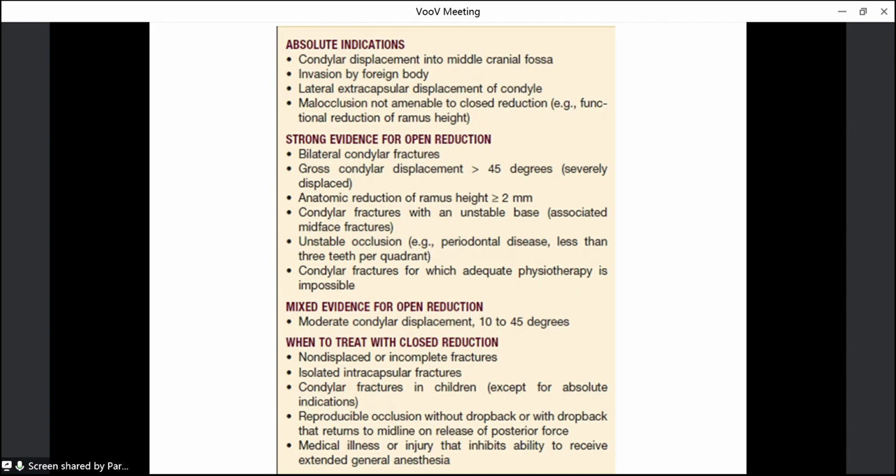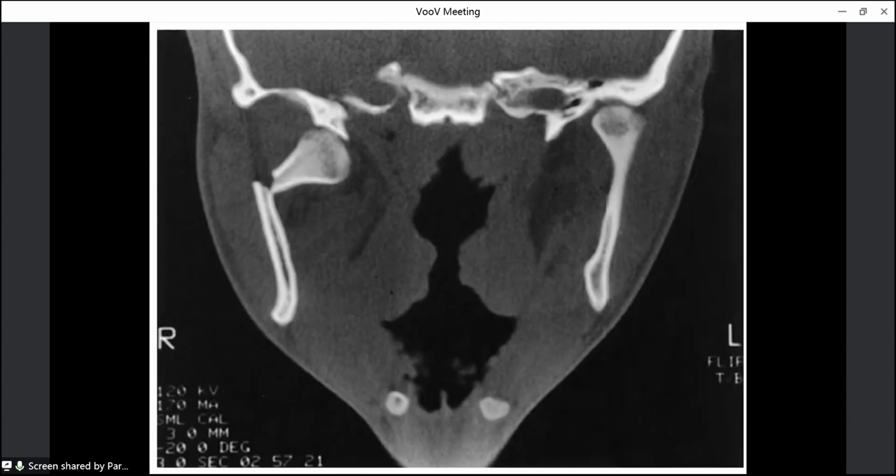If the deviation of the condyle is more than 45 degree, as you have seen in the last slide, here what is the angle between this ramus and the condyle? I think it's about 80 to 85 degree. You have to draw two imaginary lines, one bisecting the ramus and another bisecting the condyle, and see the angle between these two. If it is more than 45 degree, then it's always better to operate by surgery.